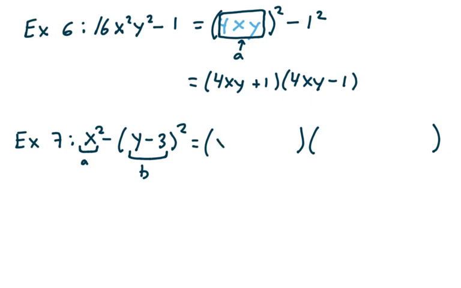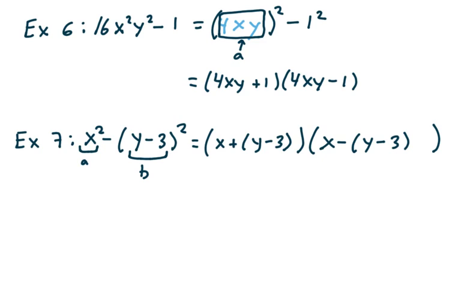So in other words, I'm going to get x plus y minus 3. And if you notice, I put y minus 3 in parentheses on purpose. And then that's the first factor. The second factor is a minus b. And so I get x minus y minus 3.